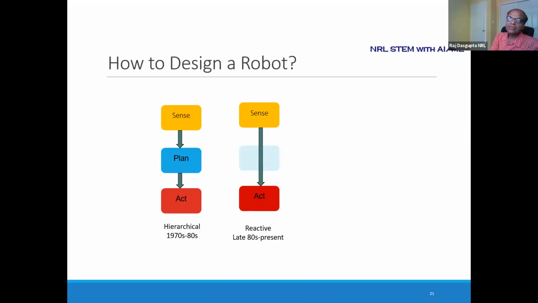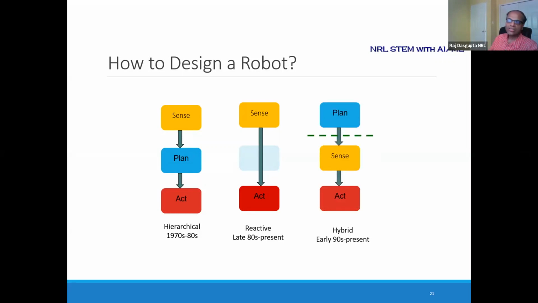So researchers took out the planning cycle from the robot, and they basically had sense and act. If you have seen the Roomba robot, the vacuum cleaner robot, this is how Roomba works. Basically, it has a bump sensor on it. And when the bump sensor hits an obstacle, it tells the robot to act, which is, it backs up a little bit, turns at a different angle and goes. So it's a very simple reactive behavior of the robot with its sensor.